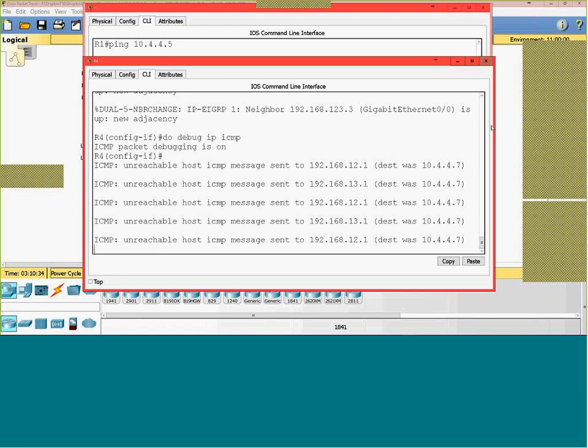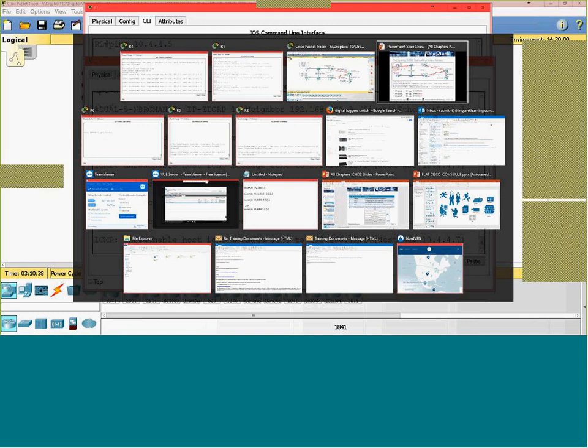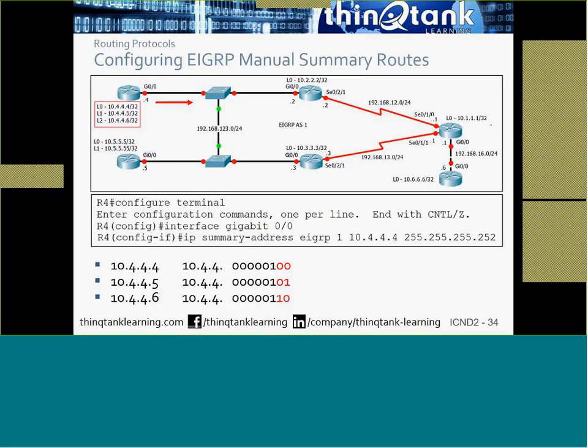So even though 10.4.7.4 didn't exist anywhere in my enterprise, the summary included it. That's the only downside to summarization. There's the potential that you're going to start advertising networks that you don't own and receive traffic you're going to throw away.